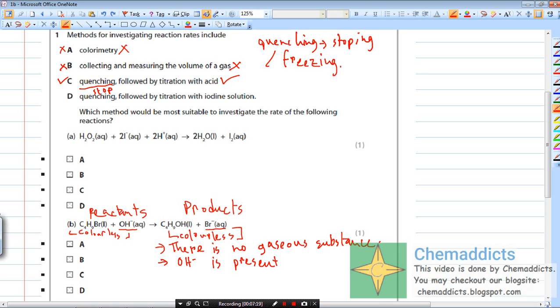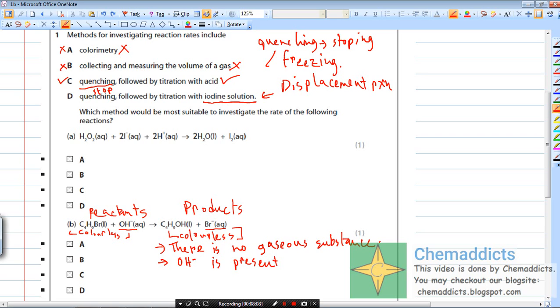Let us move on to the next option, D, quenching followed by titration with iodine solution. It looks quite confusing whether D should be the answer or not. Since here we have iodine solution, we can't have a displacement reaction, because bromine is more reactive than iodine. If we were to titrate with fluorine or chlorine solution, then this option might have been valid.